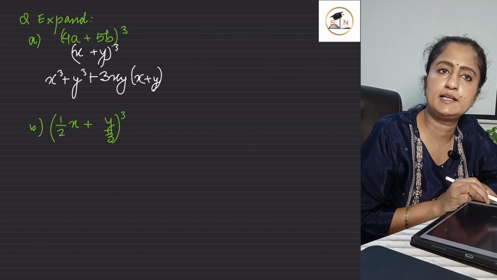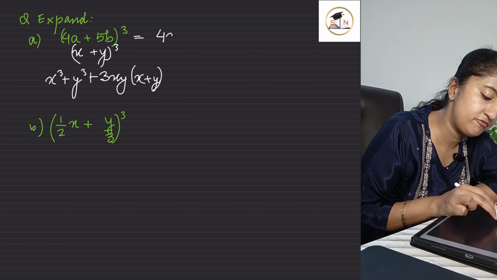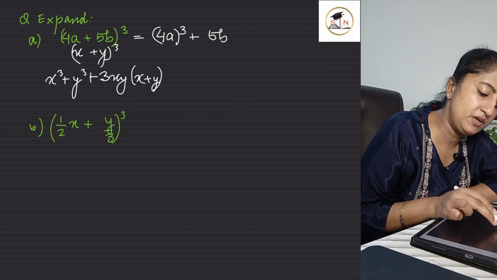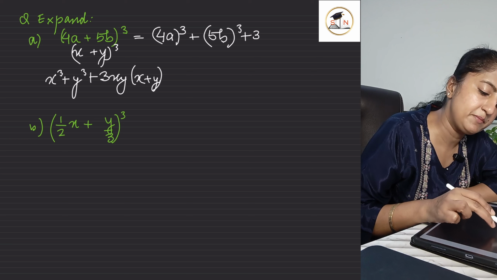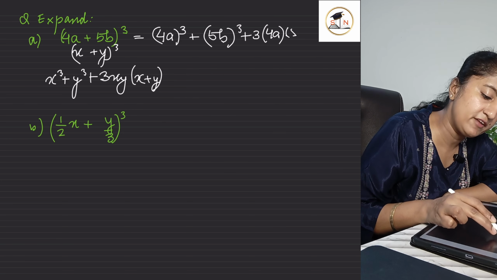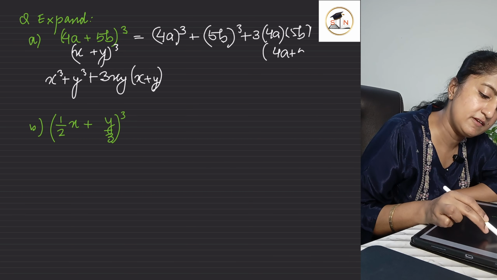This is the identity. So according to this, I will have (4a) whole cube plus (5b) whole cube plus 3xy, that means 3 into 4a into 5b into (4a plus 5b).